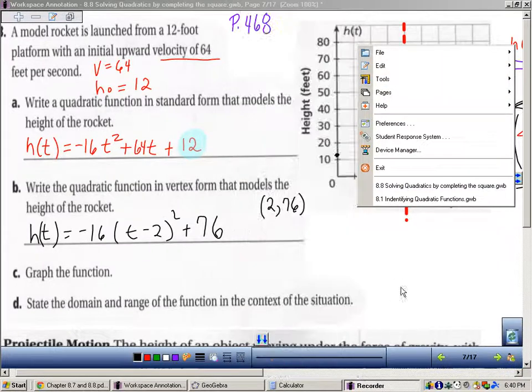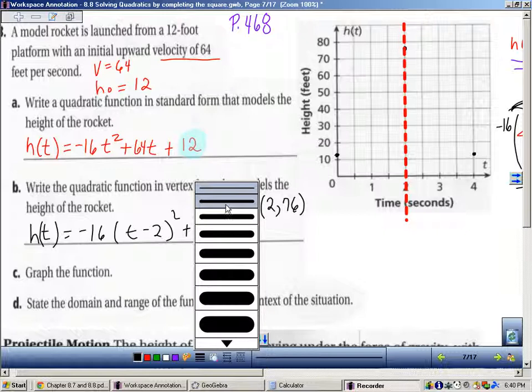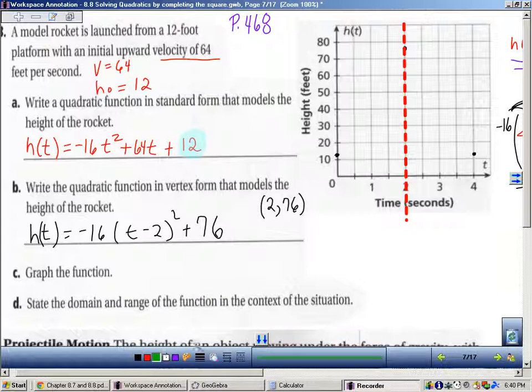I'm thickening my line up, making it a little transparent. Yeah, not very good. But that would be the graph of this function, drawing it freehand, using just 3 points.